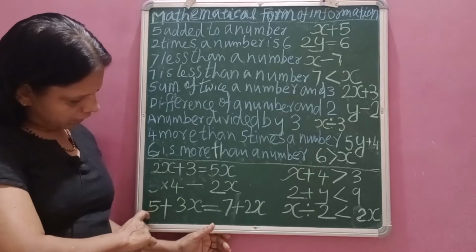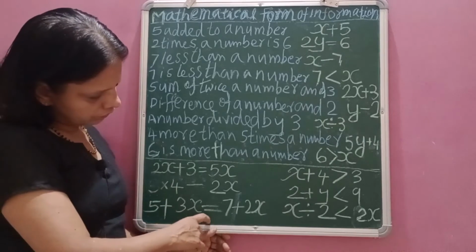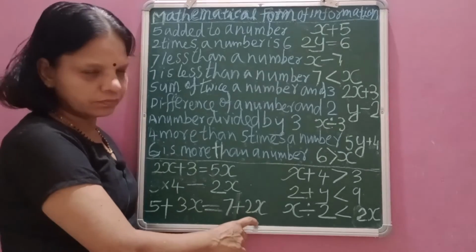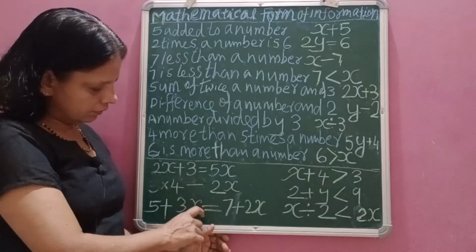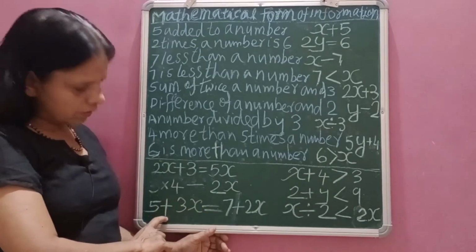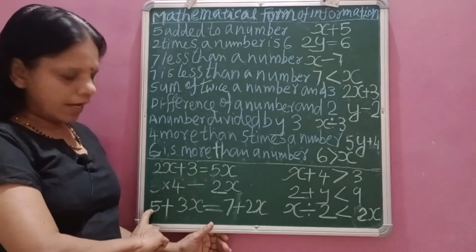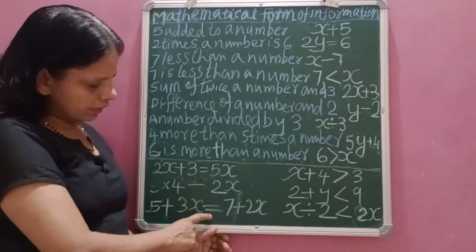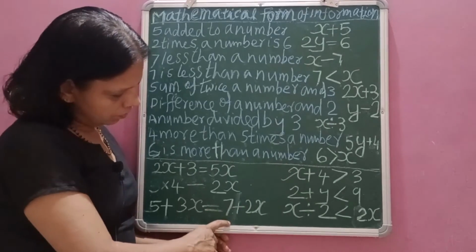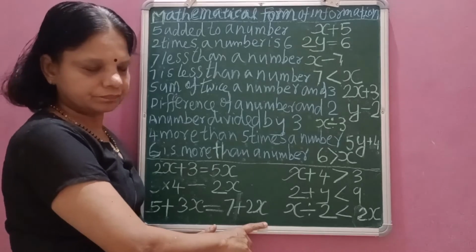Next one, 5 plus 3x equal to 7 plus 2x. Read both LHS and RHS and write is. So here how you will read? Sum of 5 and thrice a number is sum of 7 and twice the number.